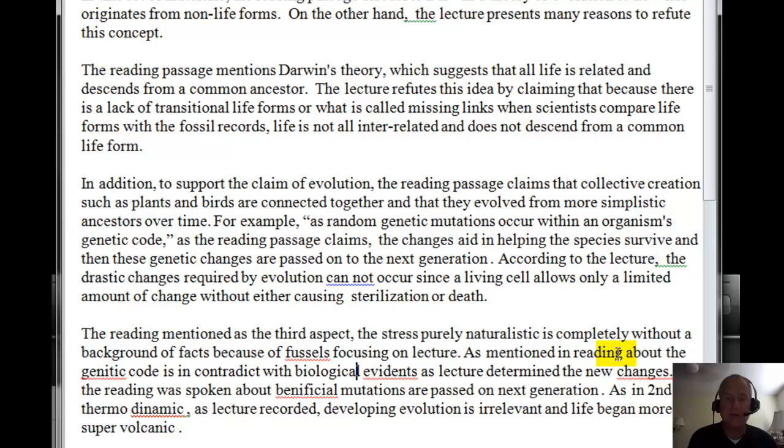So, all right. The reading passage mentions, as the third aspect, I'm going to use a comma here, as the third aspect, I'm going to say that stress is purely naturalistic.